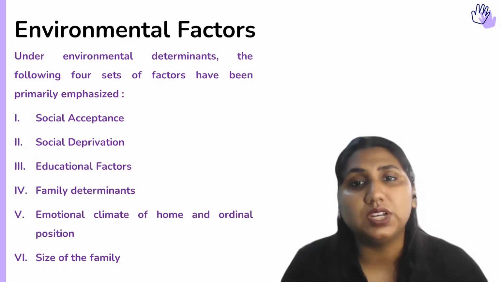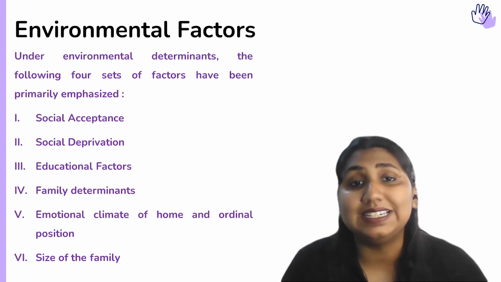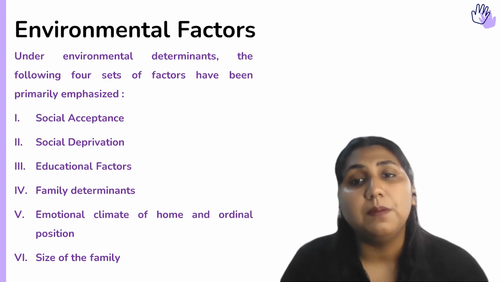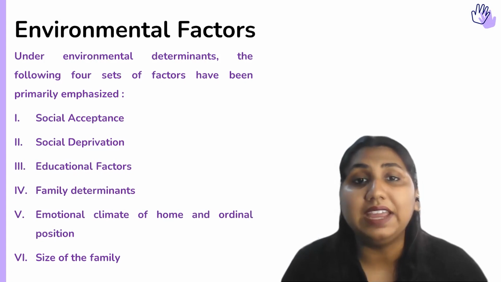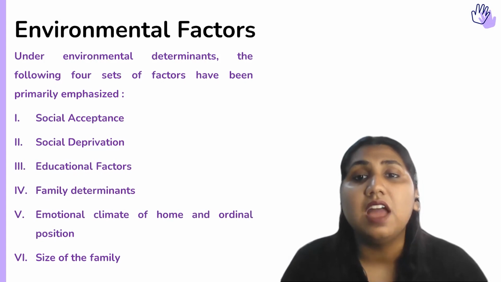When we talk about social deprivation, it is said to influence the development of personality in a massive and significant way, because this means being deprived of opportunities for various types of social contacts, which includes love and affection. Social deprivation often causes social isolation, which has an adverse effect on personality.